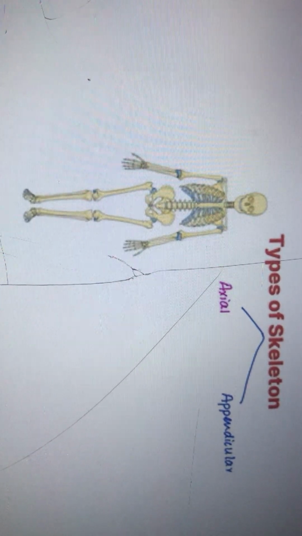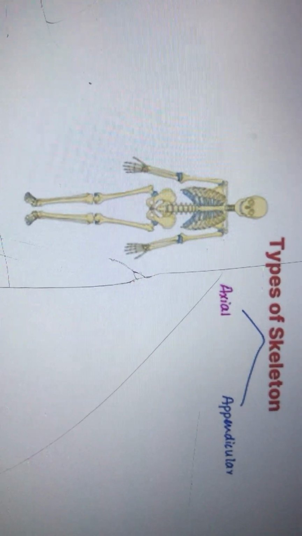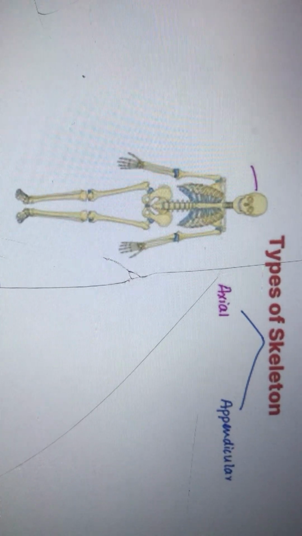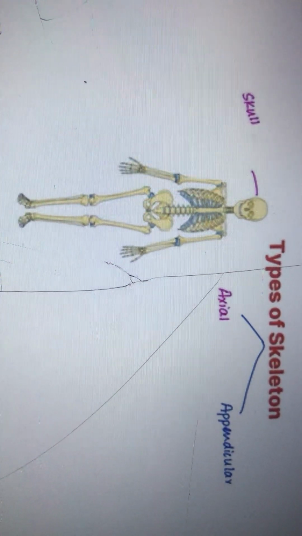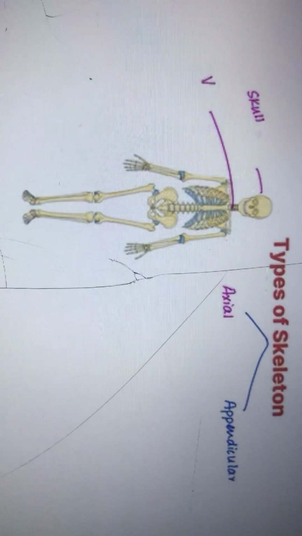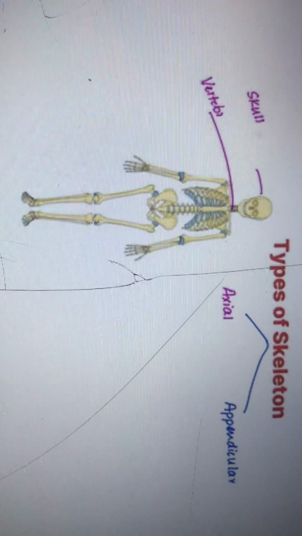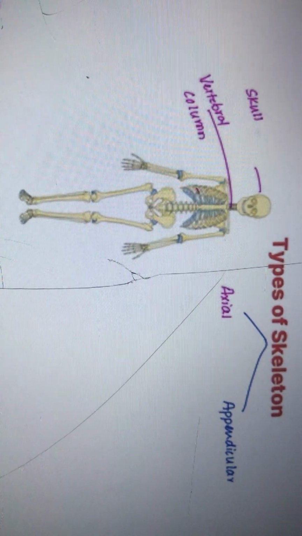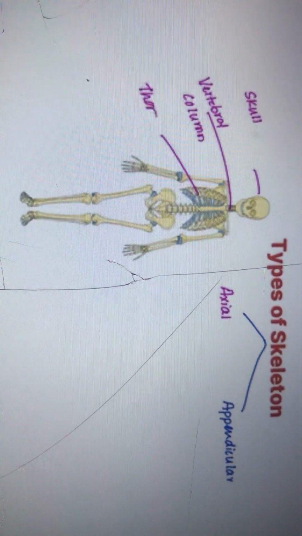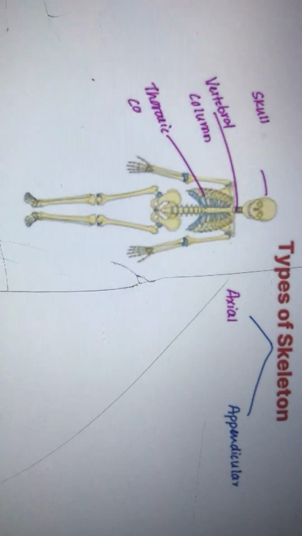So what are the bones that are included as axial bones? It begins with the skull, right? So first we have the skull, then we have the vertebral column, right? And then we have the thoracic cage, right?